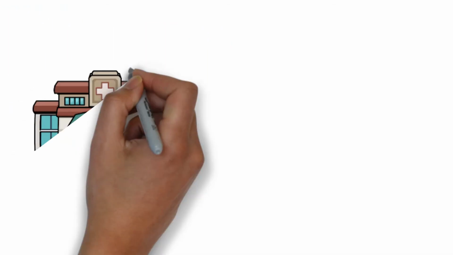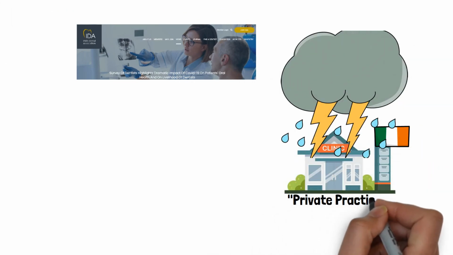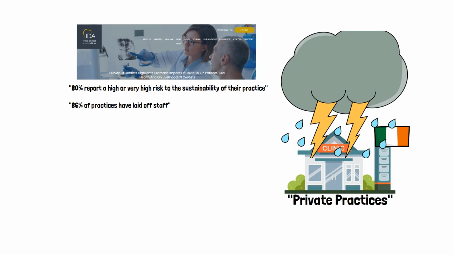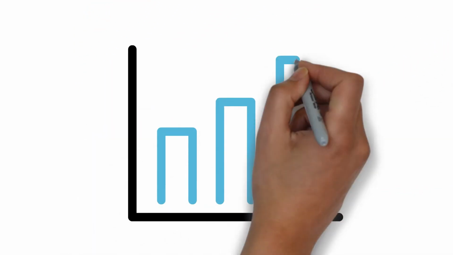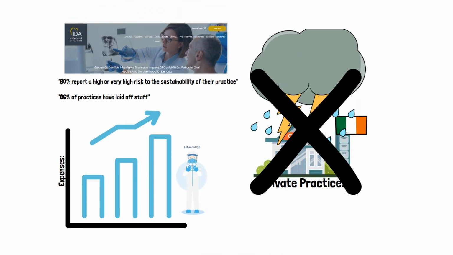Although larger practices can survive transient periods of low revenue, the IDA survey estimates that 80% of private practices are currently unsustainable. This survey also reports how 86% of private practices were forced to lay off staff during the pandemic. With increased costs due to necessities like PPE, many smaller new practices may close indefinitely.